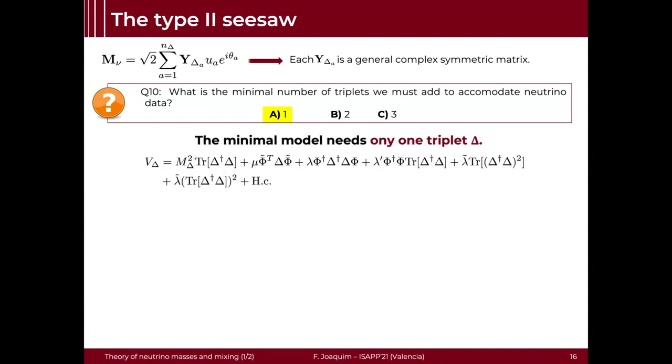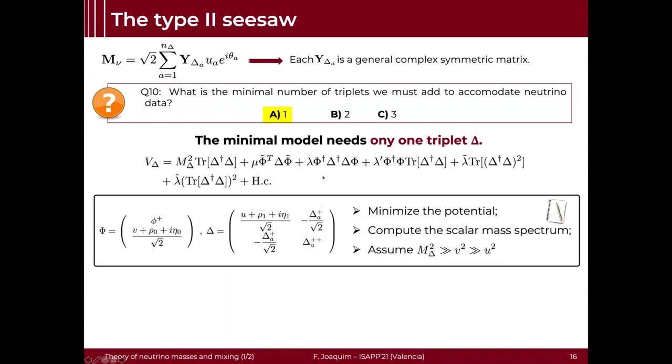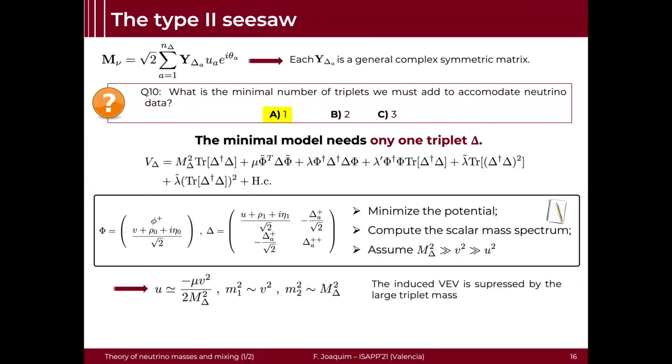So let me take that example, only one triplet, because this is the minimal model that we need to accommodate the data. And this is the potential. These are the fields written in terms of their constituent fields. So what you have to do now is minimize the potential, compute the scalar mass spectrum, and assume that m delta squared is much smaller than v squared, which is much smaller than u squared, okay?